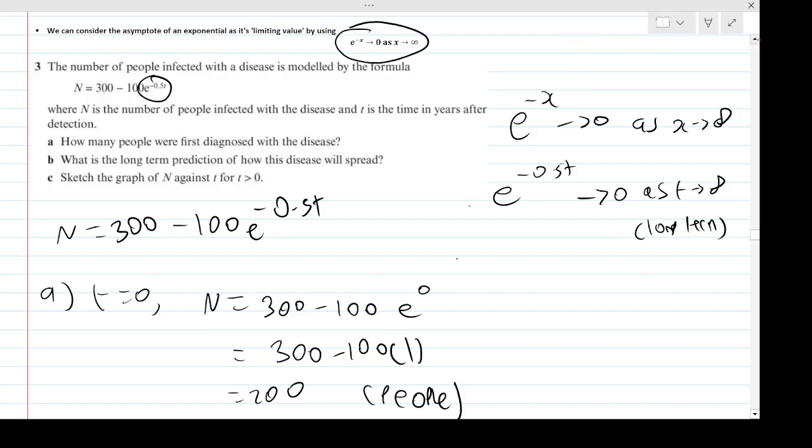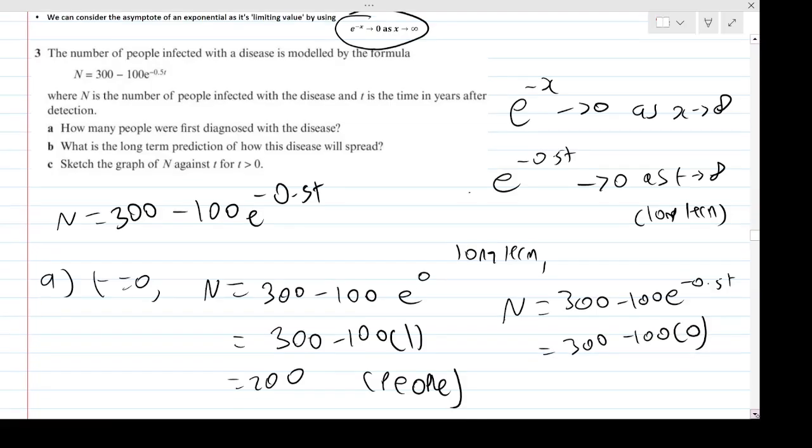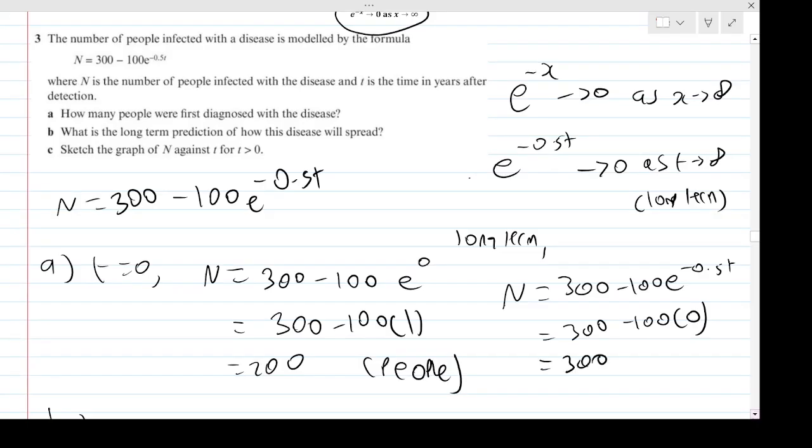Which means in the long term n will go to 300, take away 100 of e to the negative 0.5t. But as we discussed, this goes to 0. So effectively, we substitute that in to get 300, take away 100 lots of 0, and so we're left with 300.